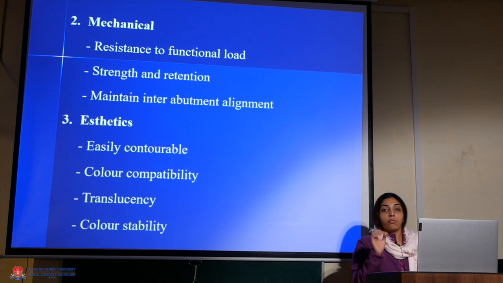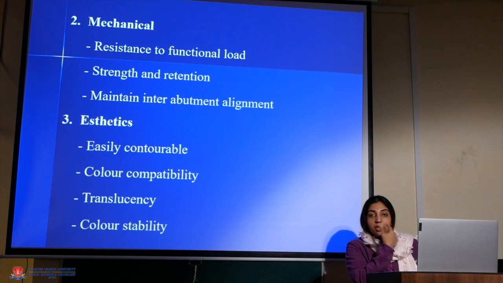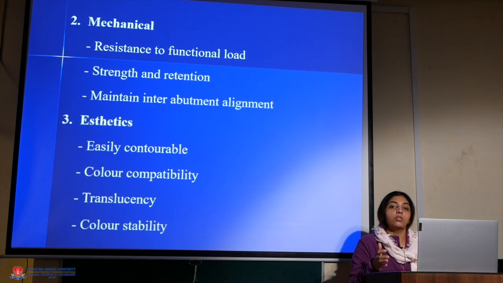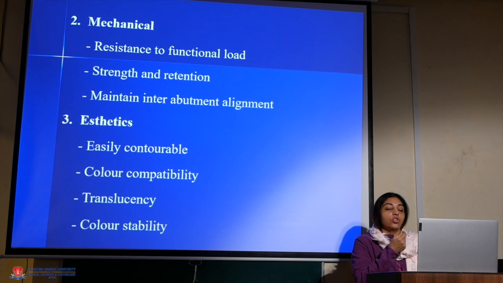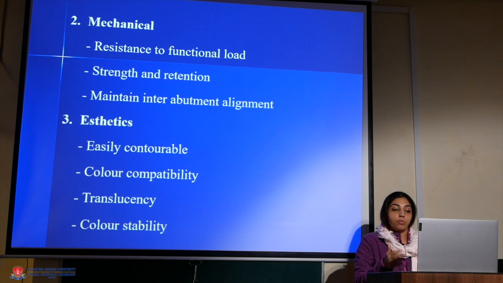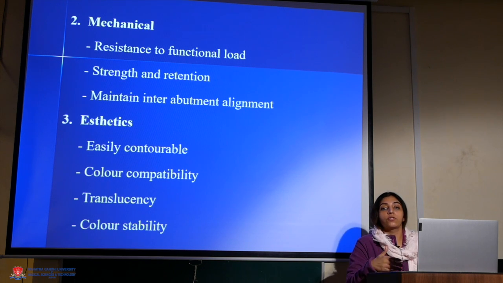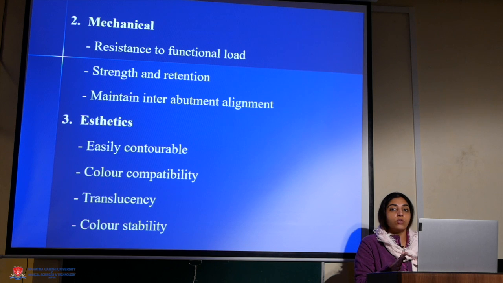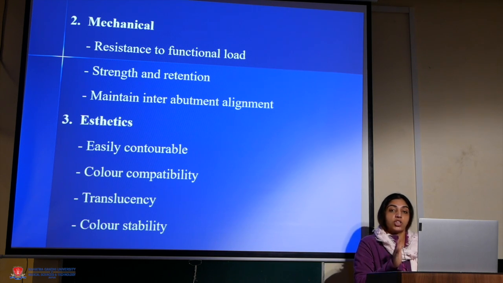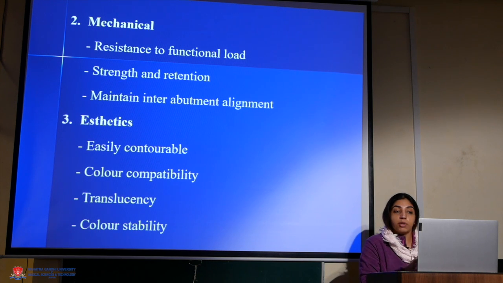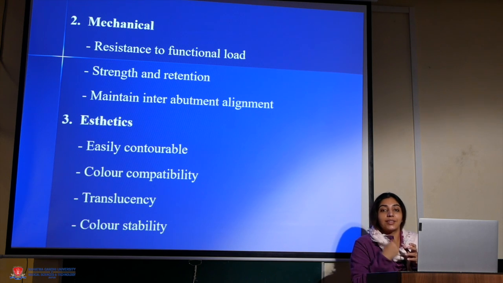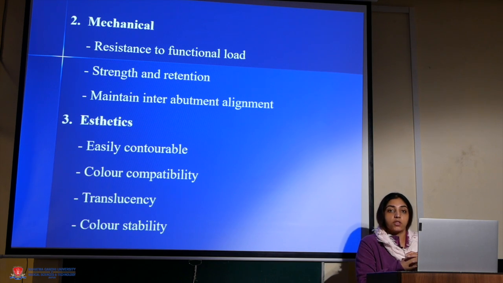Aesthetics. Now this becomes very important, especially when provisional restorations are being given in the anterior segment, and many a time this is what the patients are coming to us for. So if you have an anterior tooth that has been prepared, till the time your final restoration is coming, the provisional restoration has to serve the purpose of aesthetics. So it has to be as good, if not better than your final restoration. It means the color or the shade has to be matched. It should be stable. The material should not imbibe coffee stains and tea stains while the provisional restoration is in place.